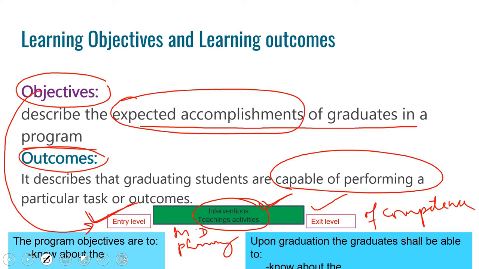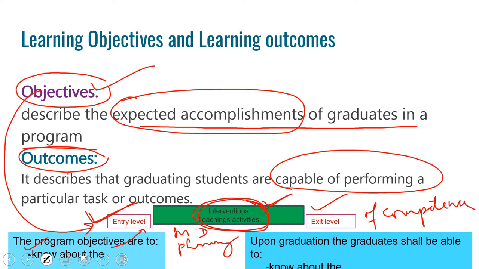Therefore, when you are working as an auditor in a particular program, you will see the blanket statement written about the objectives, and the objectives of the program start with action words. It means the student or graduate is at the entry level, and once the teacher performs a certain level of intervention, the student gains a certain level of knowledge and is in a position of a different level of competence.